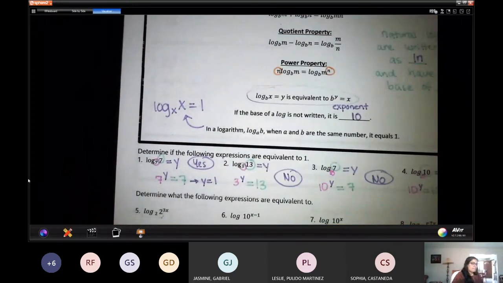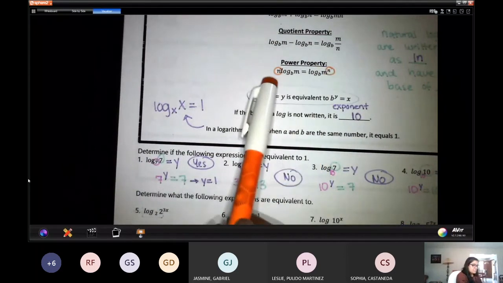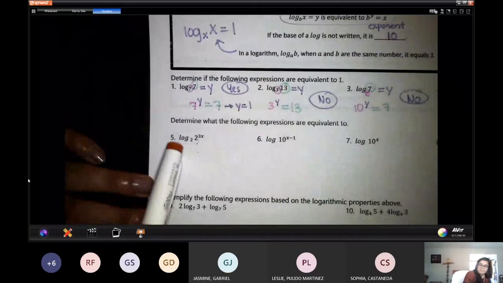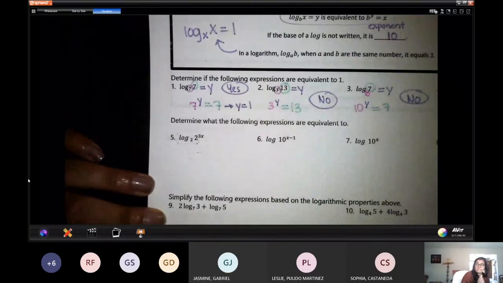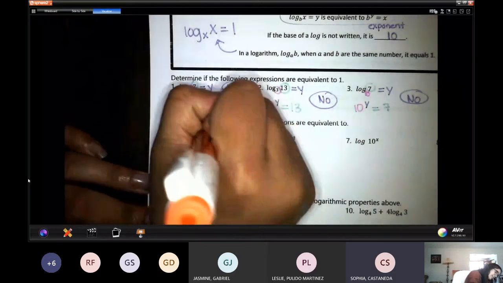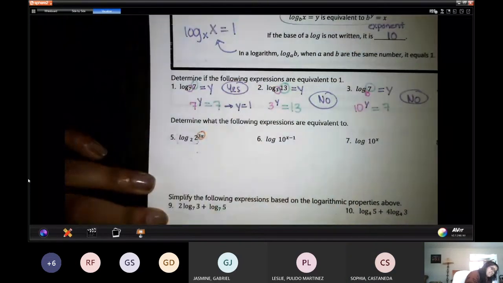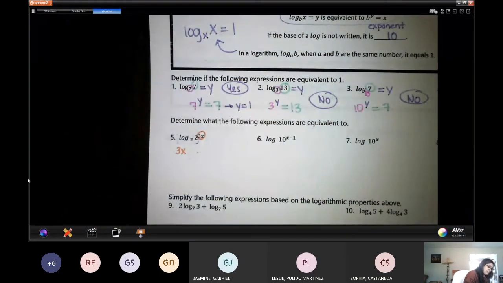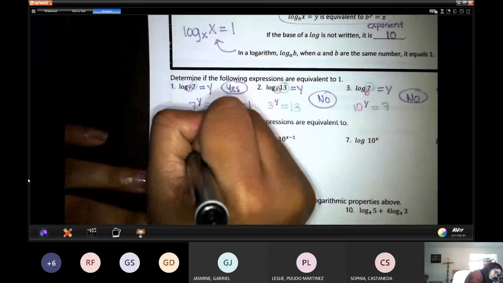If we have a power up here, we can move it down here to multiply it. So here, what's our power? 3x. Good. So that 3x is going to go over here, and then we're going to rewrite our log.